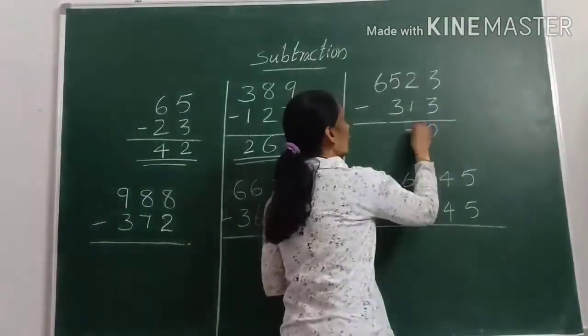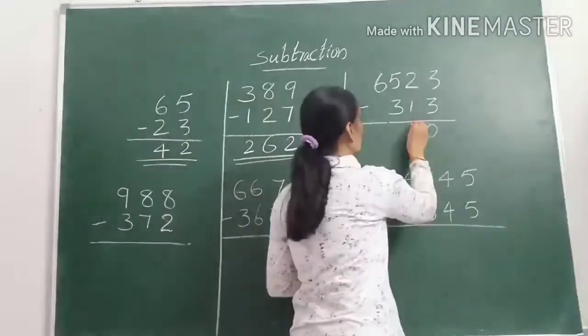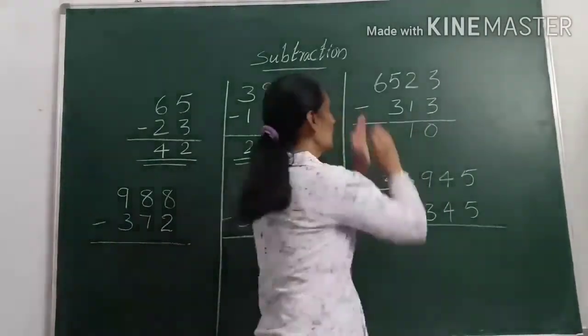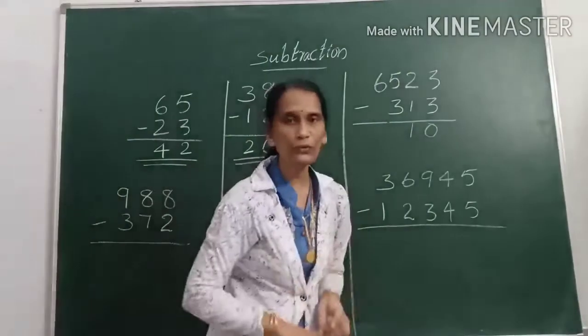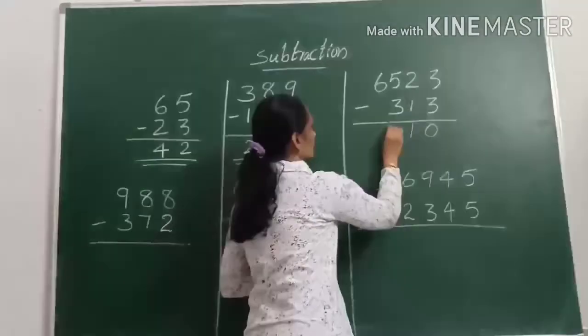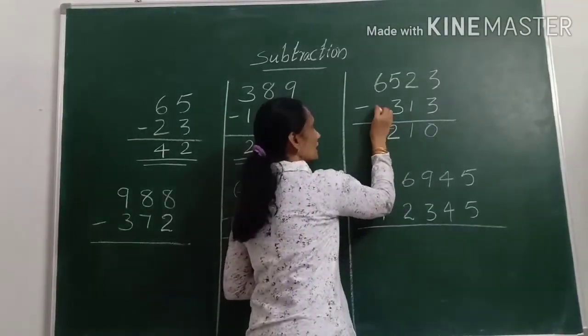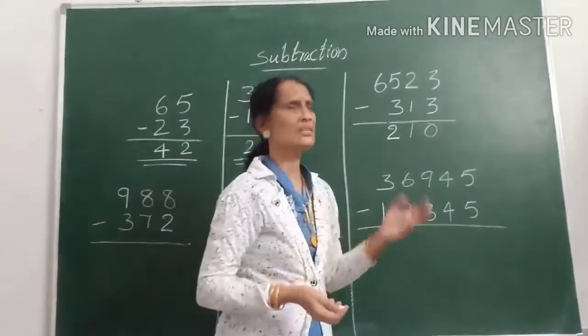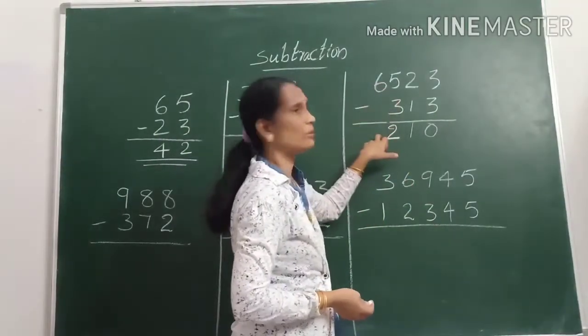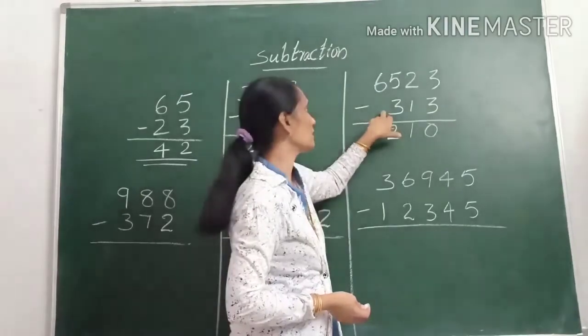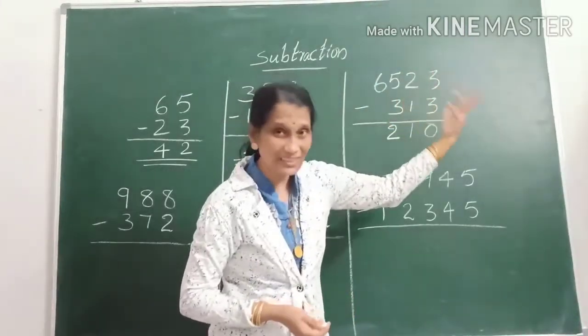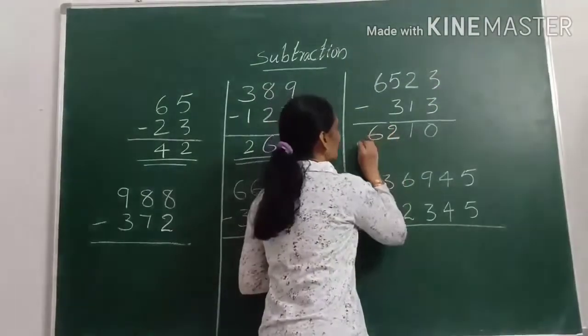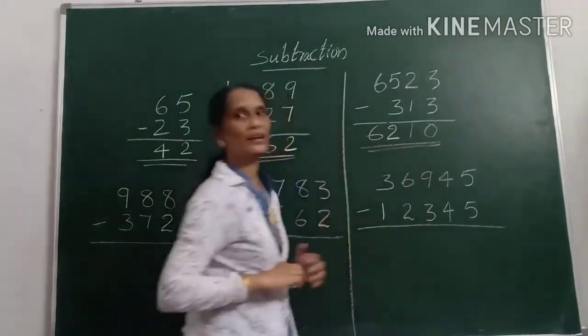So 0. 1 plus how much is 2? 1 plus 1 is equal to 2. 3 plus how much is 5? 3 plus 1, 4. 3 plus 2, 5. Next here there is no number. Since there is no number, the same number can be written down, or otherwise it is 0, and 0 plus 6 is equal to 6. You can think in that way also. So the answer is 6210.